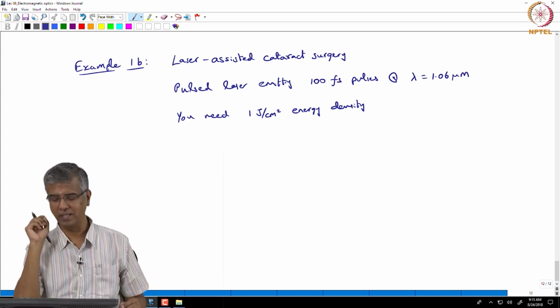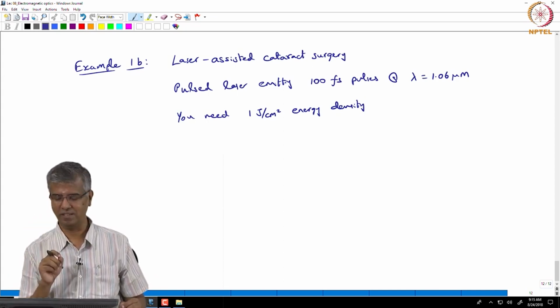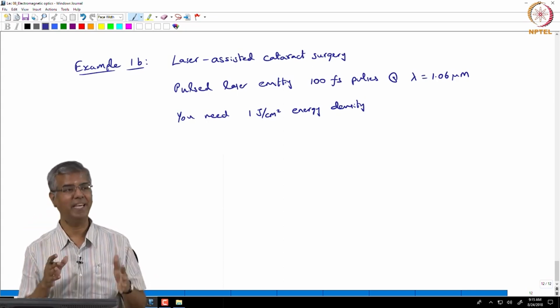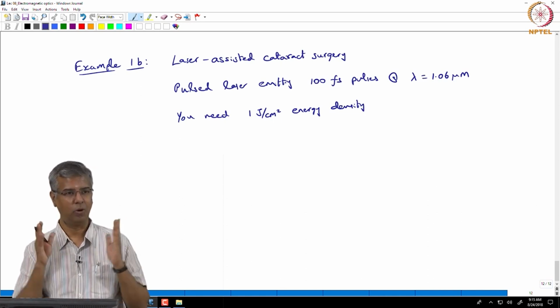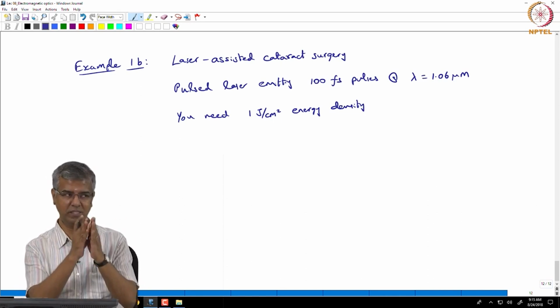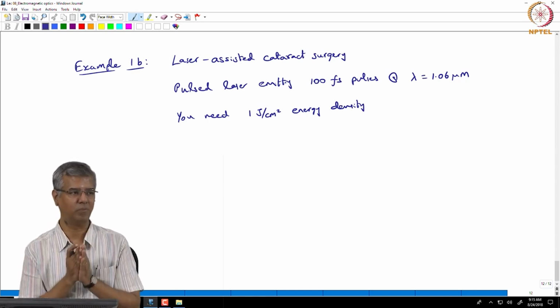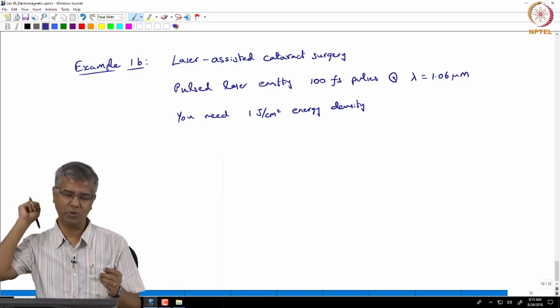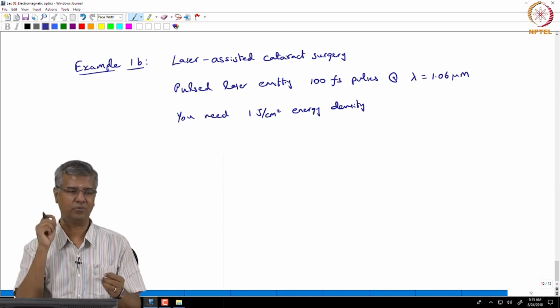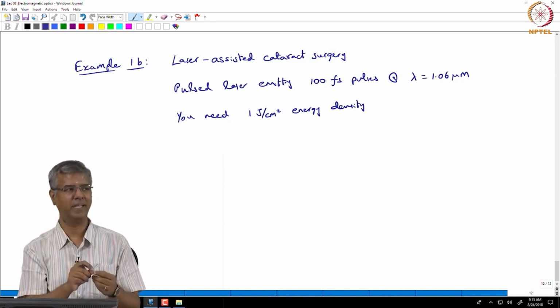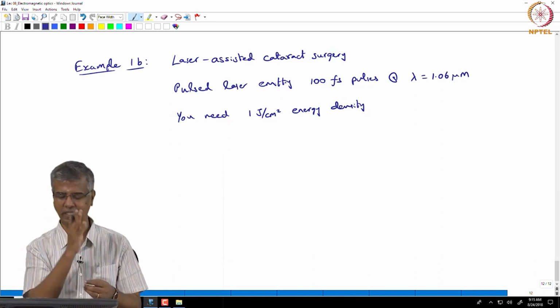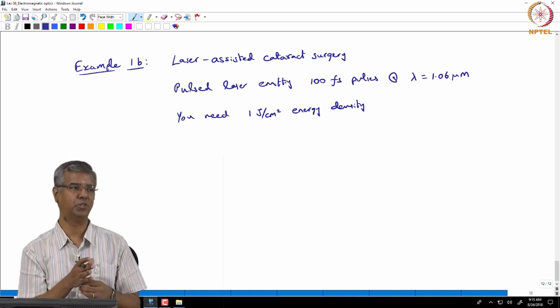But if you are using 100 femtosecond pulses, what are you doing? You are packing a whole lot of photons within a very, very small duration. So, it goes and hits, and it does the work of getting absorbed, and then it's rupturing the tissue.